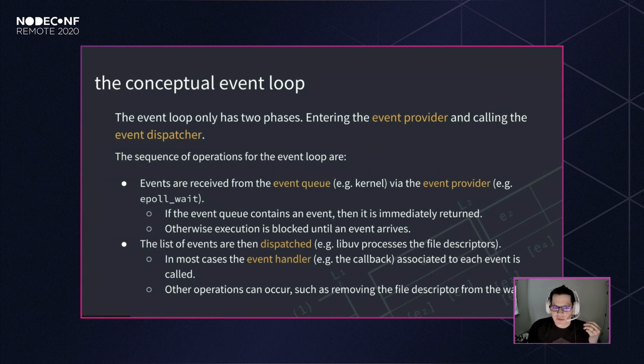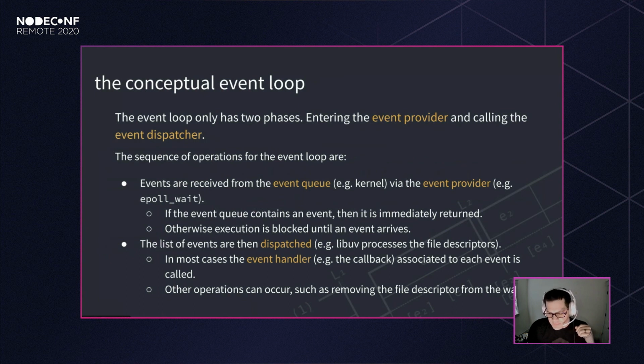So first, events are received from the event queue, such as the kernel, through the event provider, like epoll wait. Now, if an event is waiting on the event queue when the provider is called, it is immediately returned.